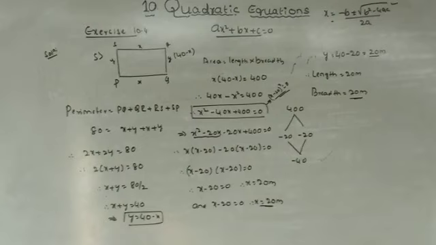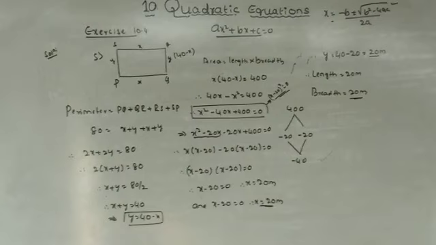Taking 2 common, X plus Y is equal to 80 by 2. Therefore, what is the value of X plus Y? 40. From this, find any one, either X or Y. Therefore, Y is equal to 40 minus X.